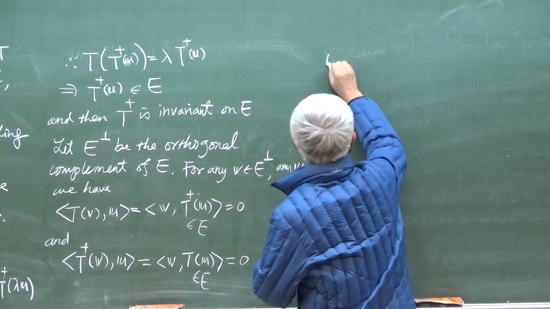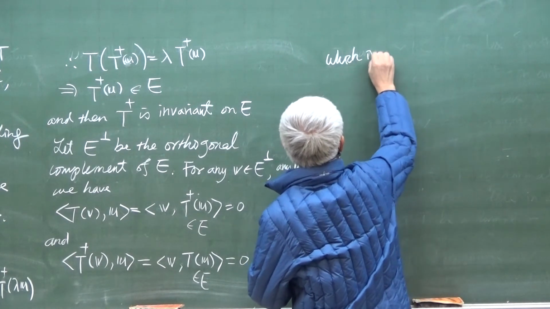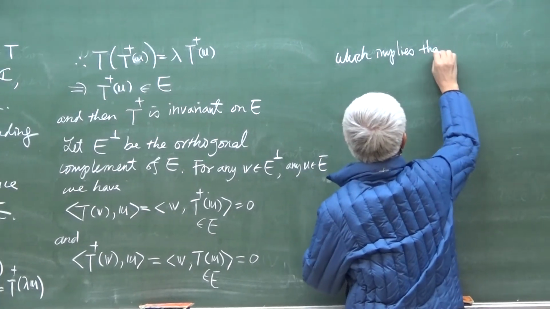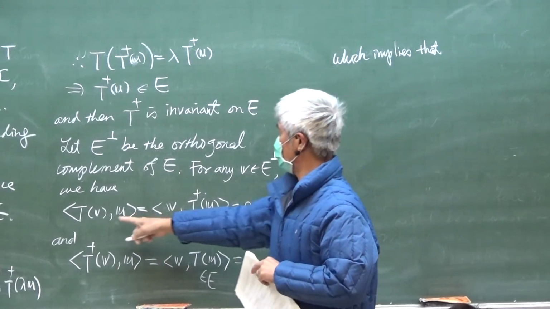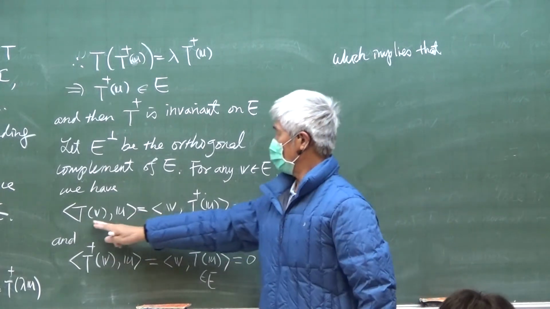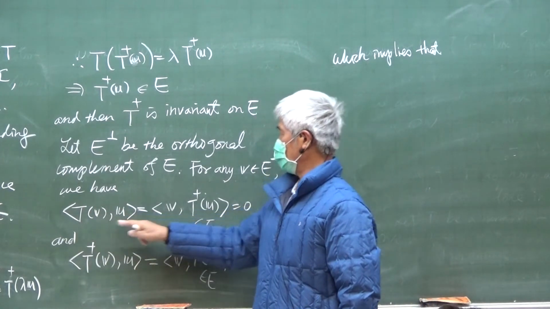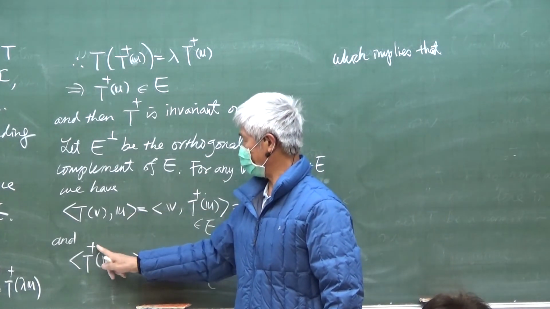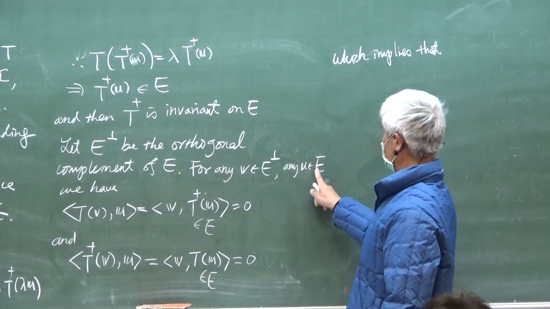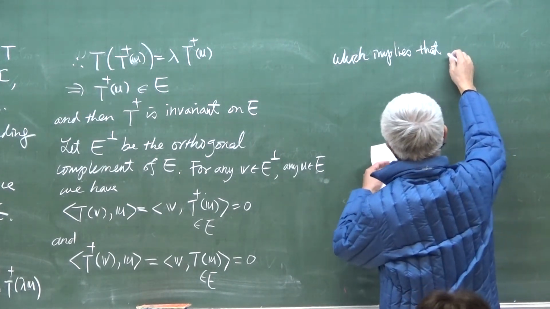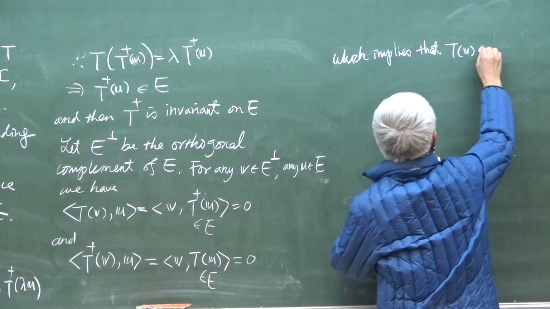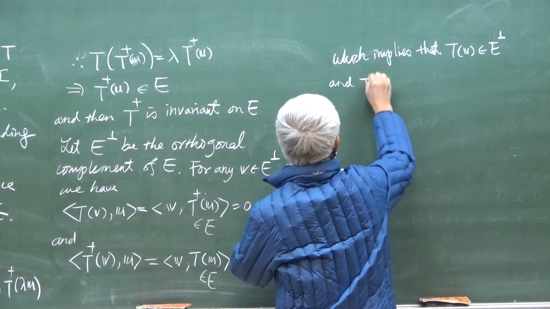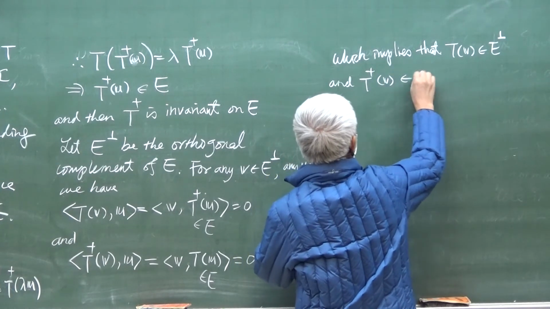So the image of v under T is orthogonal to all u in E, and the image of v under T dagger is also orthogonal to all u in E. This implies that Tv is in E perp, and T dagger v is also in E perp.